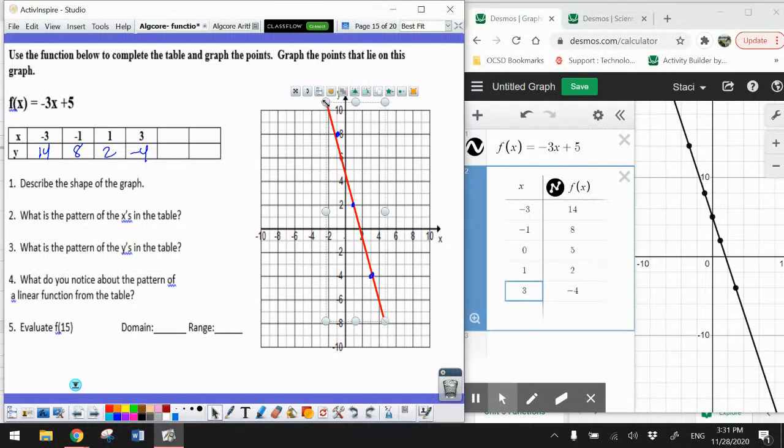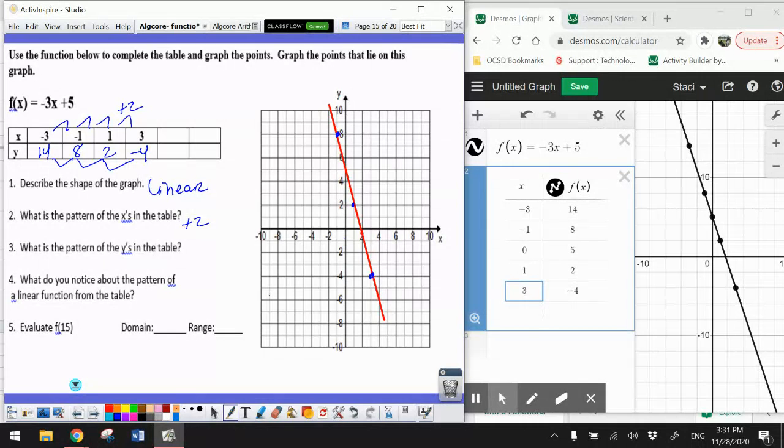Okay, so now let's use this to answer some other questions about the function. It starts with the shape of the graph. Well, it's a line, so it's linear. What is the pattern of the x? I see that the x values are plus 2, so that's pretty simple. How about the pattern of the y's?